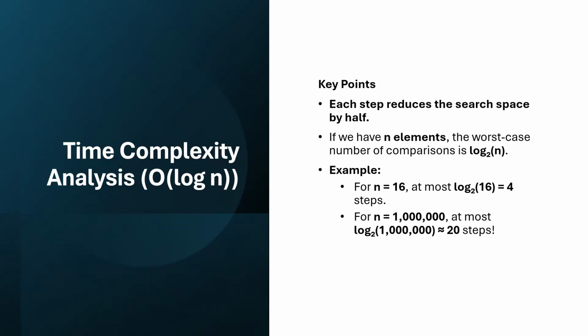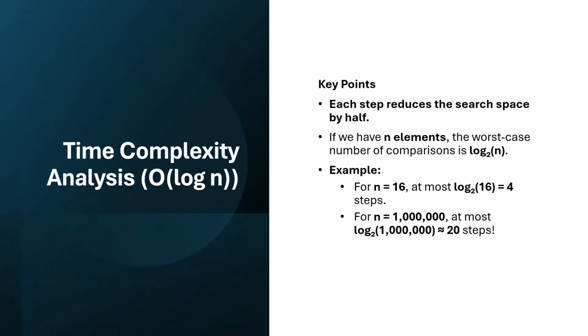Now let's talk about why binary search is so efficient. With linear search, for n elements, the worst case takes n steps, that is order of n. Whereas with binary search, every step halves the search space, which means log of n steps.